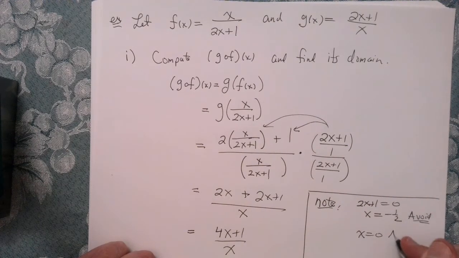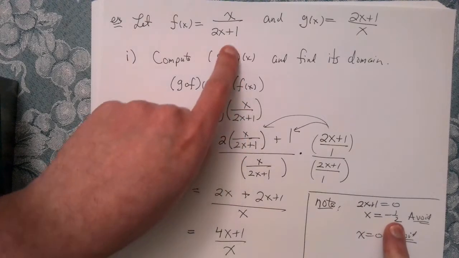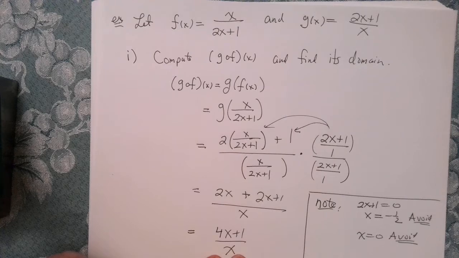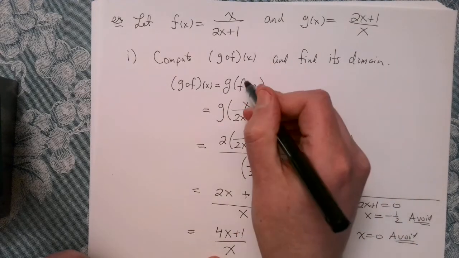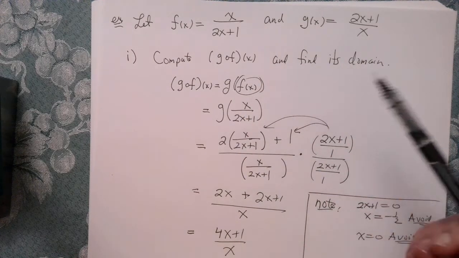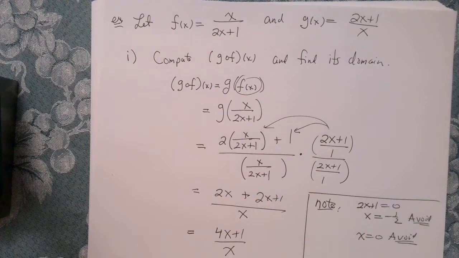X equals 0. So this first value created a division by 0 here, which we can't have. And then here, x equals 0 creates a division by 0 here, which we can't have. So I have to look at this, and then what we end up with. Those are two things. Essentially, in some sense, you're taking the intersection of their two domains.